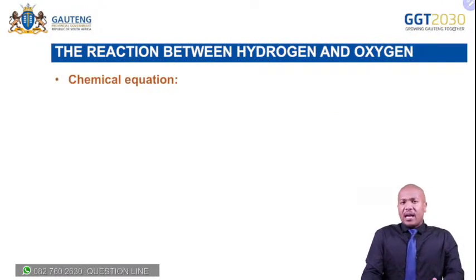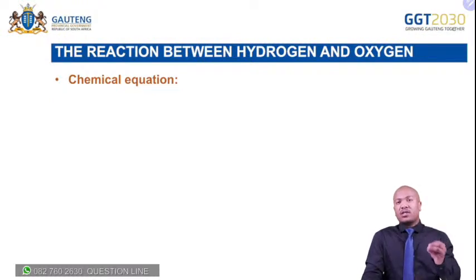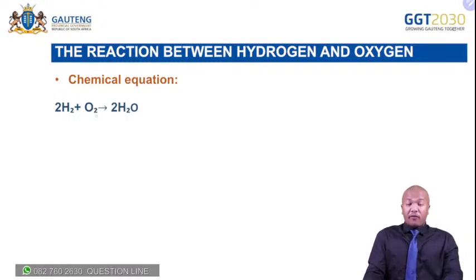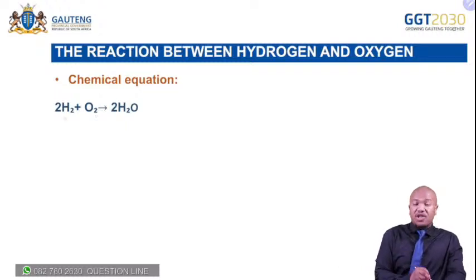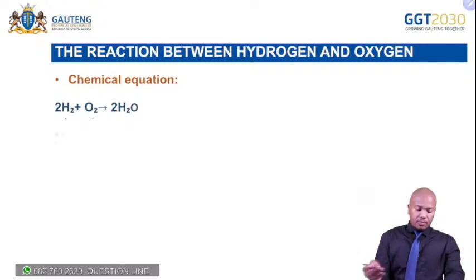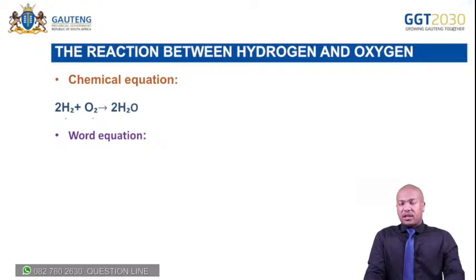Let's look at the chemical equation for the reaction of hydrogen and oxygen. The chemical equation is 2H2 plus O2 forming 2H2O, meaning you have 4 hydrogens reacting with 2 oxygens to form 2 water molecules. Let's look at the word equation.